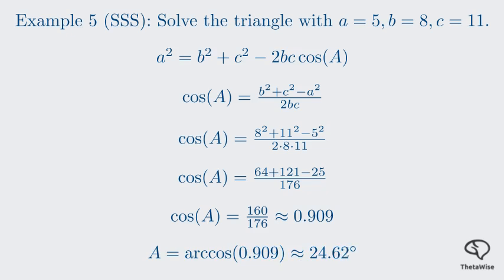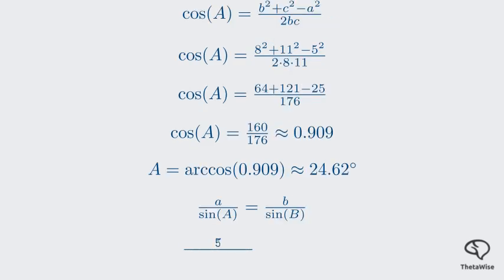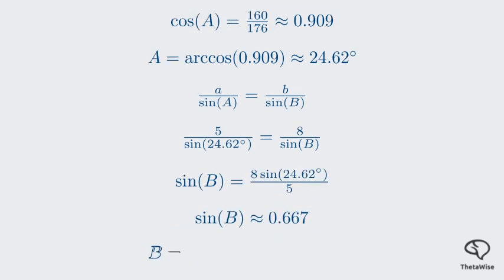Now let's find angle B. We can use the law of cosines again, or the law of sines. Let's use the law of sines this time. We set up the proportion A over sine A equals B over sine B. That's 5 over sine of 24.62 degrees equals 8 over sine B. Solving for sine B, we get sine B equals 8 times sine of 24.62 degrees divided by 5.